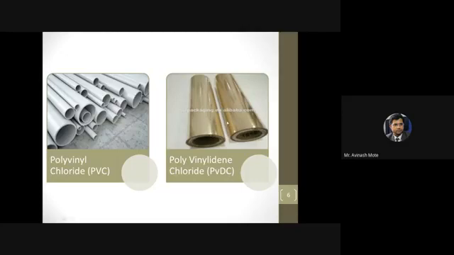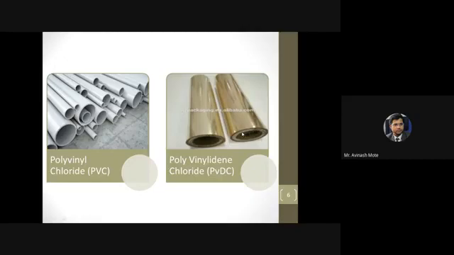That is not made from cloth, not from cotton. You will find that silver-like, whitish color, paper-type material. It is neither paper nor cloth. It is a plastic, and that is called polyvinylidene chloride, PVDC. A similar kind of structure as PVC, but with less density. And obviously, the applications are different.